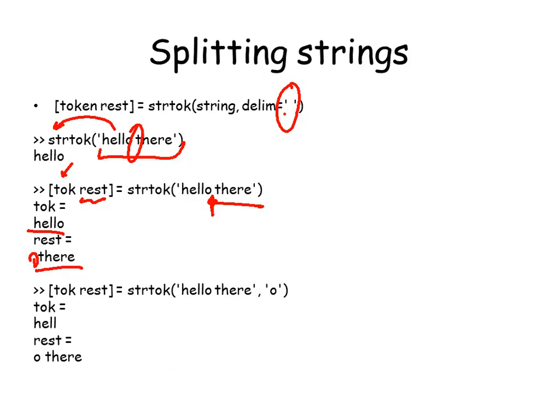If you provide something other than the space character, you will be splitting by that. So in this example, I get hell and then o space dash. If your original string was hello comma dash, and you split it by a comma, then you would get hello as the first output argument and comma dash as the second output argument.